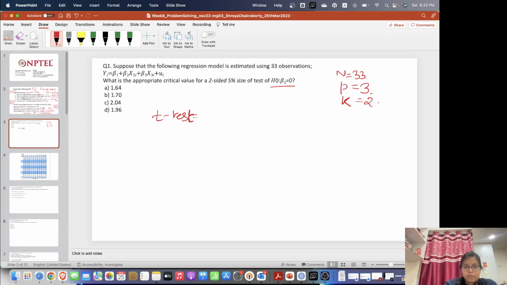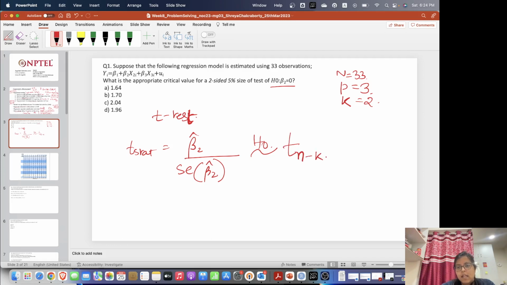The t-statistic is beta 2 hat divided by the standard error of beta 2 hat, and under H naught it follows a t distribution with n minus k minus 1 degrees of freedom.